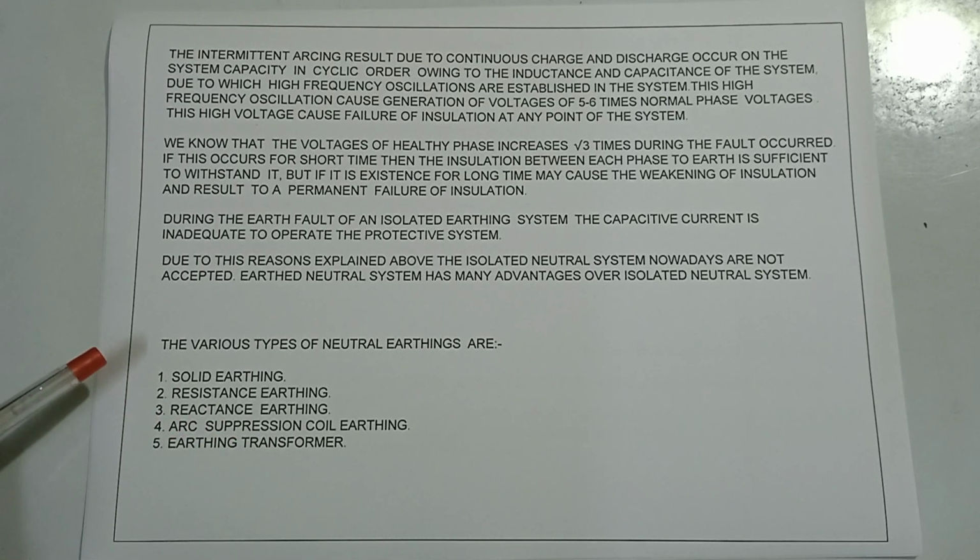In this part I discuss only solid earthing and resistance earthing. In the next part, part 3, I shall discuss reactance earthing, arc suspension coil earthing and earthing with earthing transformer.